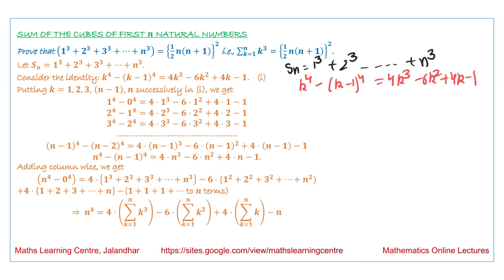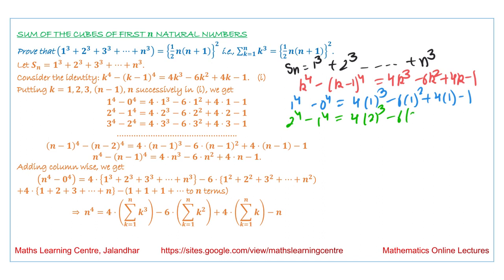Now if we substitute different values of k in this and we add those values, we get 1 raised to the power 4 minus 0 raised to the power 4 is equal to 4 into 1 cube minus 6 into 1 square plus 4 into 1 minus 1. Next we obtain 2 raised to power 4 minus 1 raised to power 4 is equal to 4 into 2 cube minus 6 into 2 square plus 4 into 2 minus 1.